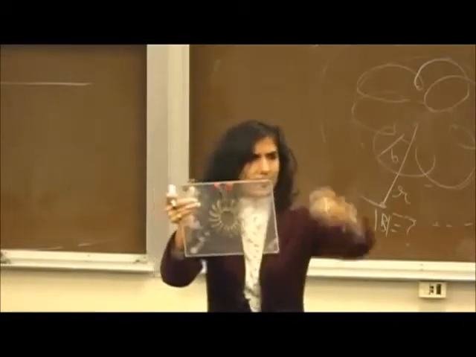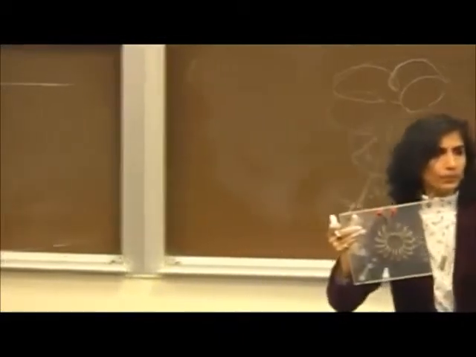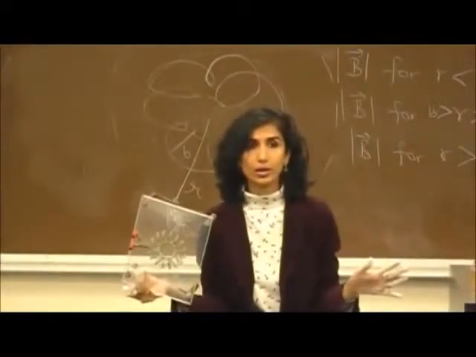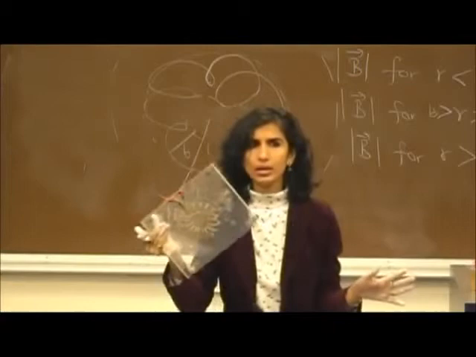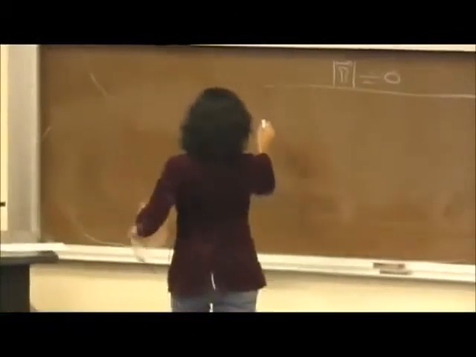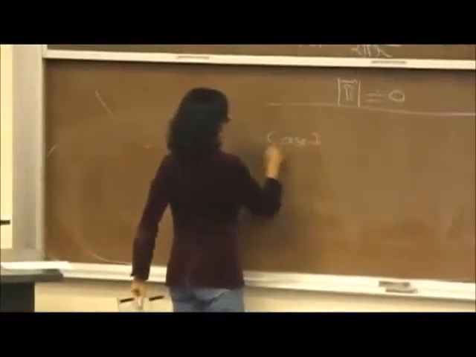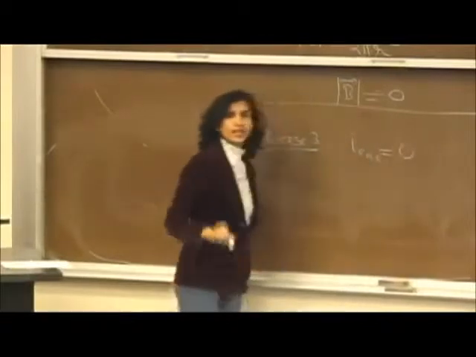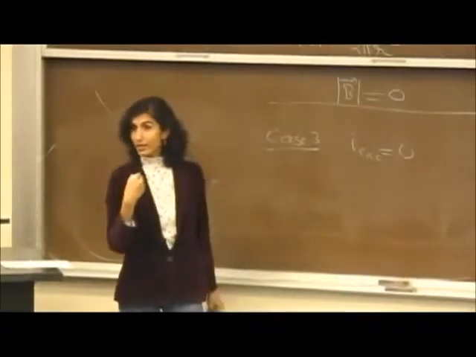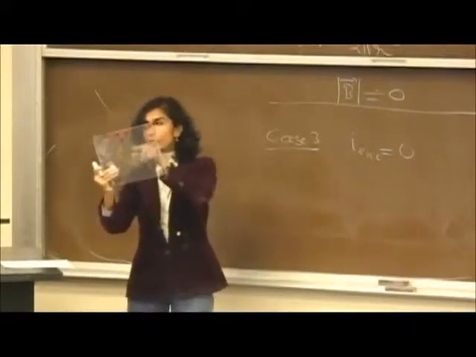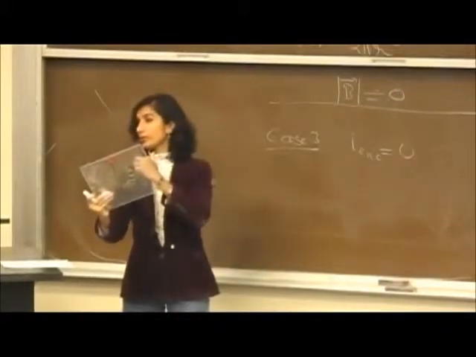Do you know what I'm saying? So the net current enclosed is 0. Does that make sense? So basically for case 3, I enclosed is equal to 0 because current coming out at you and current going away from you cancel each other out, because there are as many windings that go towards you as away from you.